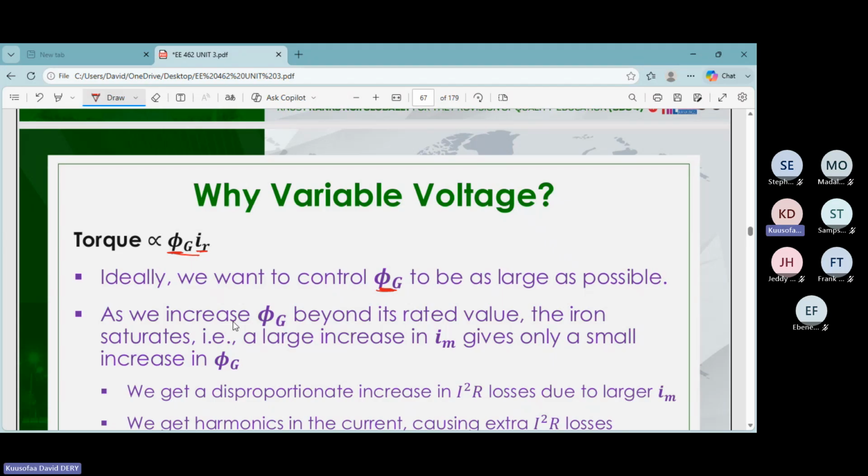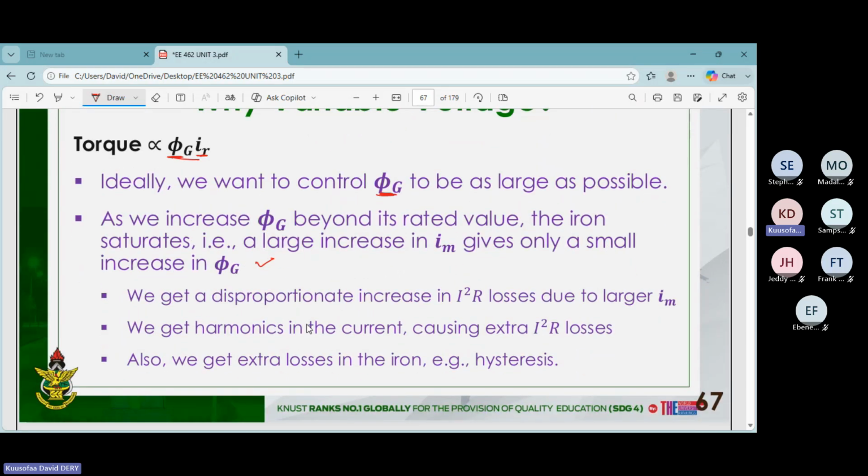So as we increase the flux beyond its rated value, the iron core saturates, and a large increase in Im gives us a small increase in phi g, the flux. So we get a disproportionate increase in the I squared R losses due to the larger Im, because you are increasing the current, the flux is not increasing, and that means a high amount of current will be flowing.